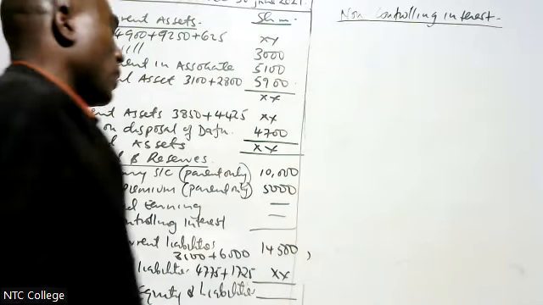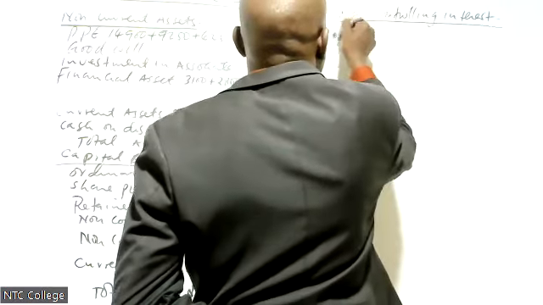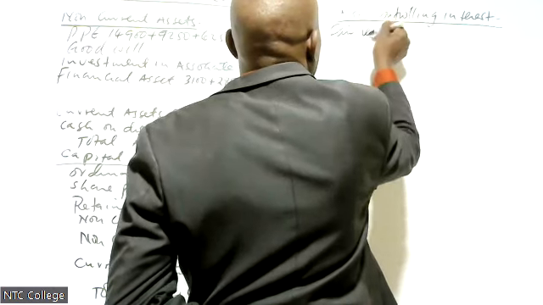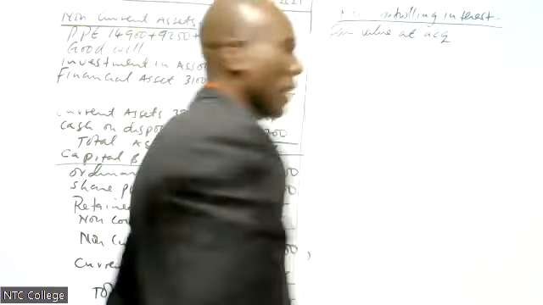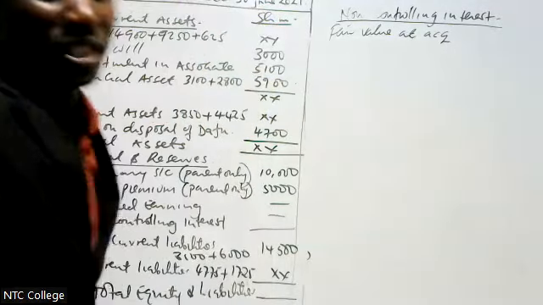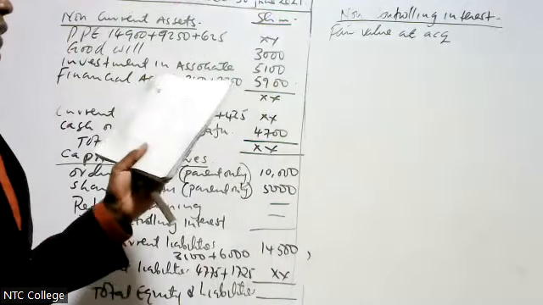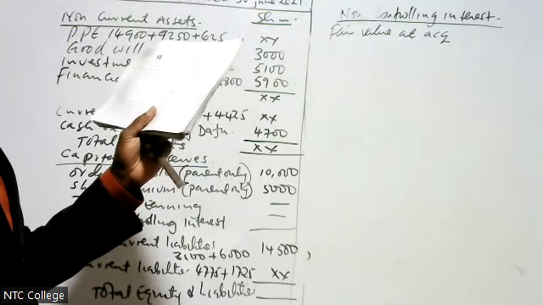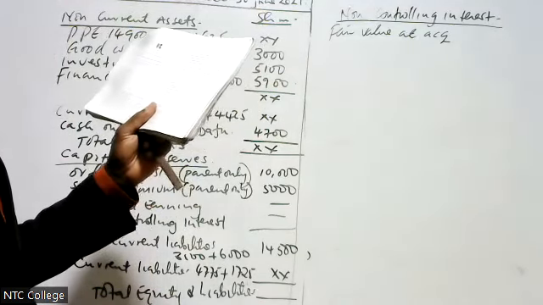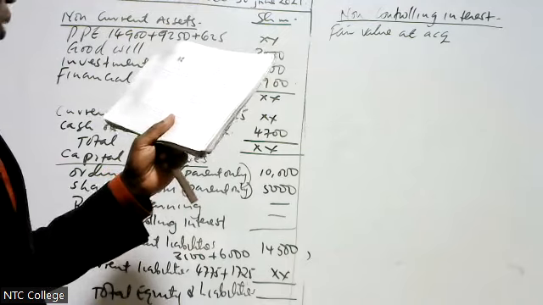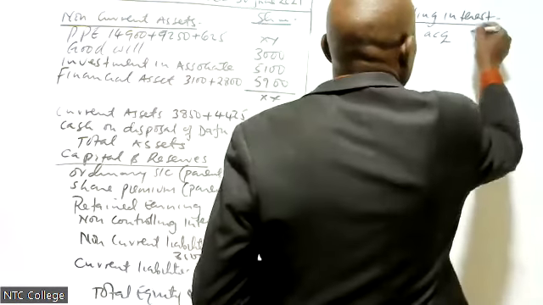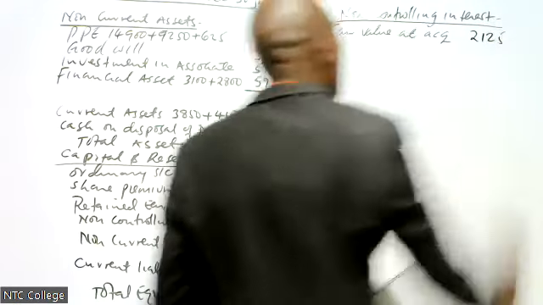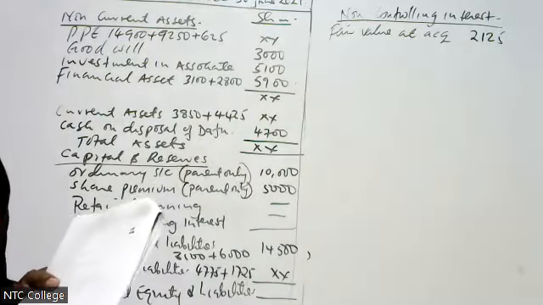Now, here, we take fair value of NCI at acquisition. How much was it? Fair value of NCI, 25. That is fair value on acquisition.